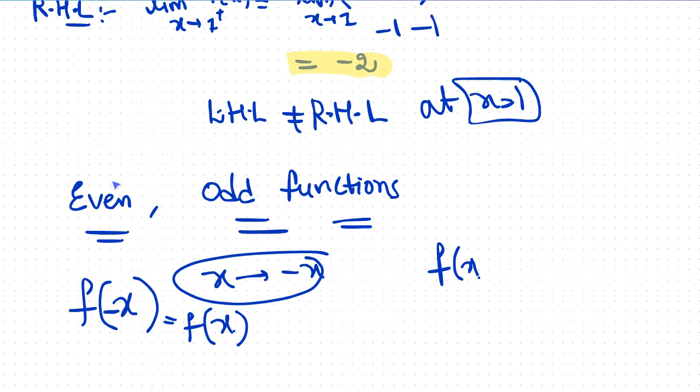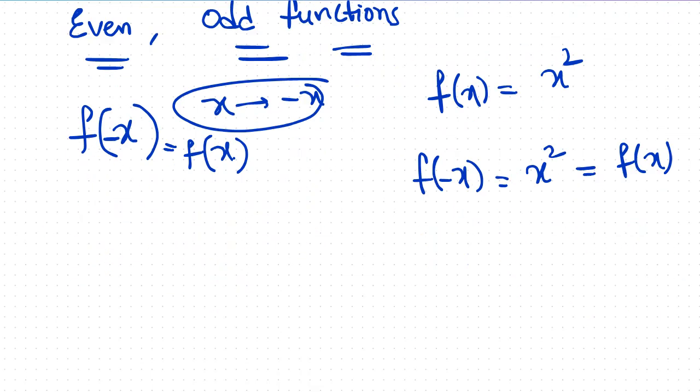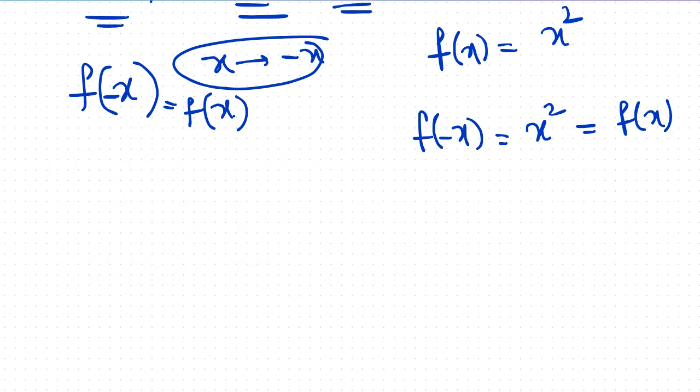Let's say f of x is equal to x square. f of negative x will be how much? x square, still x square. So it is the same as f of x, which means it is an even function. f of x and f of minus x are equal in even.